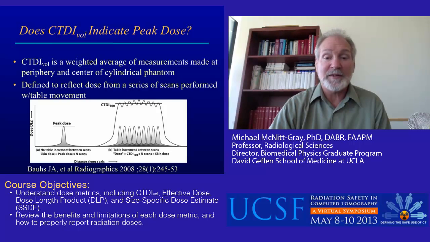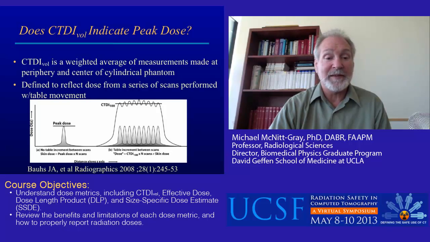So if you look at the scans indicated on the graph on the right-hand side, where you do a series of scans, the tails of those little dose profiles overlap, resulting in an increased dose to the entire region, and that line representing CTDIvol, CTDI100, represents the average when you're scanning through a large region.